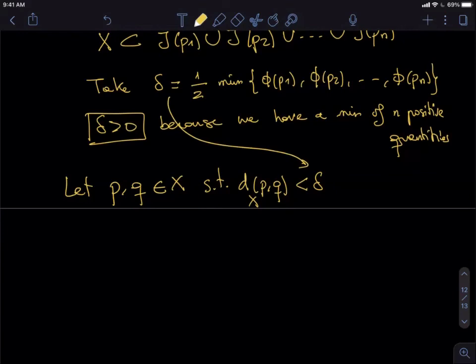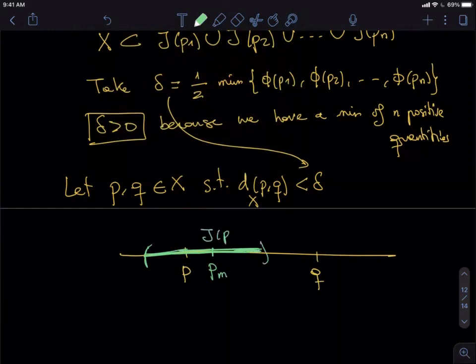Now, what we know for sure, we have here our P and Q. What we know for sure is that this P is going to be within the reach of some J of Pm.